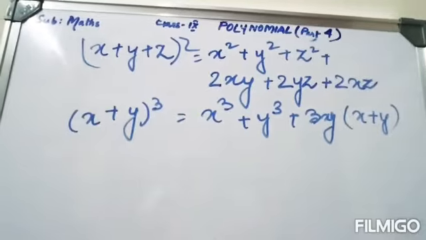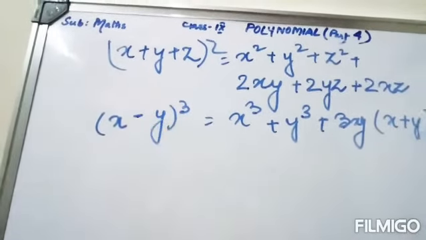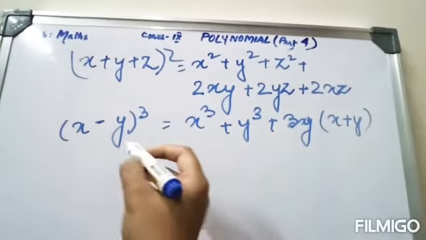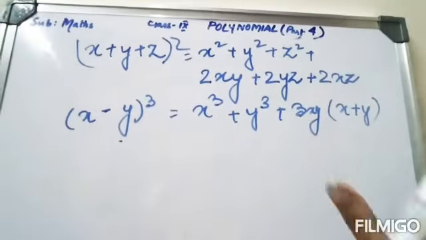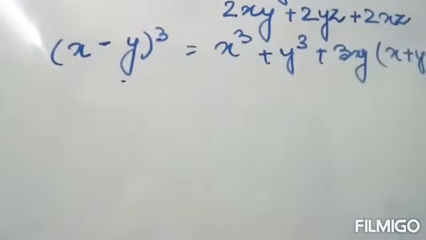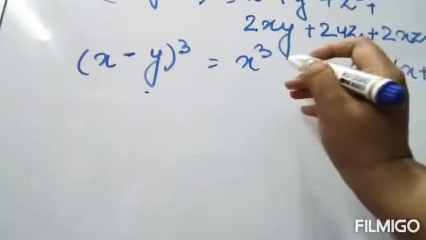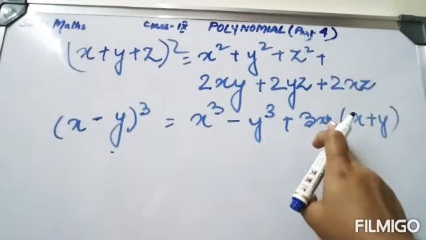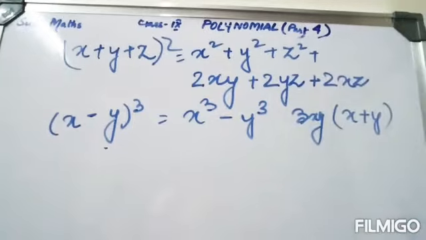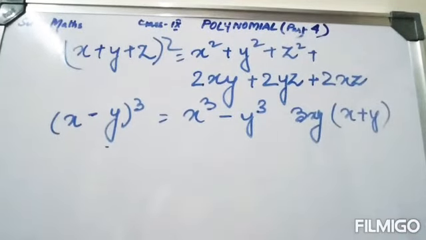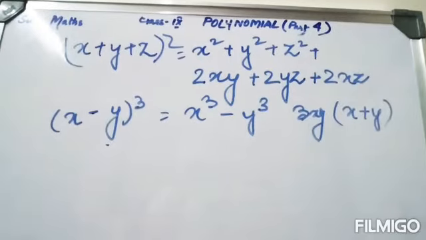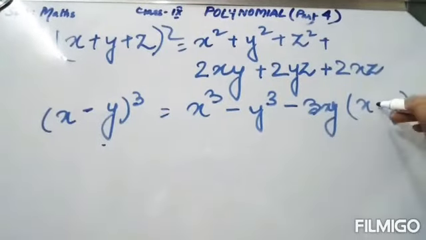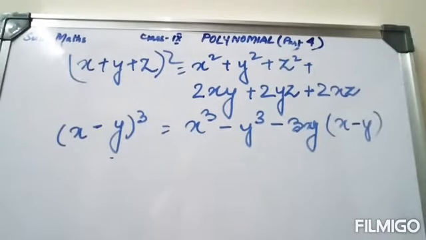Similarly, if we have a minus, for example on y, the cube of any negative number is always negative, so y cube will be negative, and since we are multiplying, the 3xy term will also be minus, and the x plus y will become x minus y. Understood?